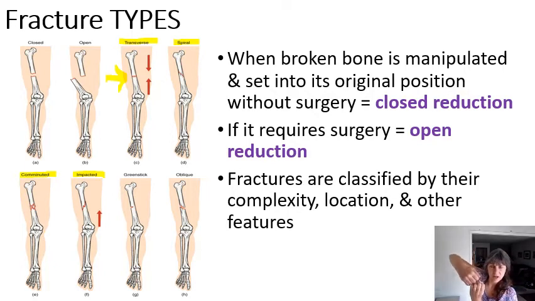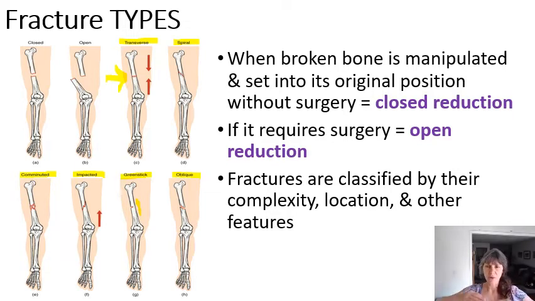So we'll have a partial fracture on one side, and then the cortex on the opposite side will buckle. That is known as a green stick fracture. And if a bone fractures at an angle, that is known as an oblique fracture.